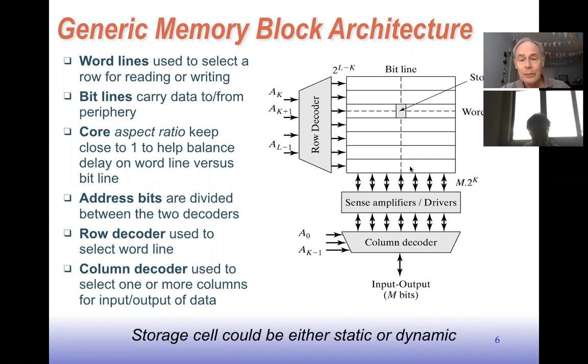Then for this core, typically we make the aspect ratio, meaning the ratio of the width to the height, close to 1. Otherwise, that tends to unbalance the delay on this word line and the delay on the bit line. There's delay associated with that wire and this wire, partly because of the capacitance of the wires themselves.